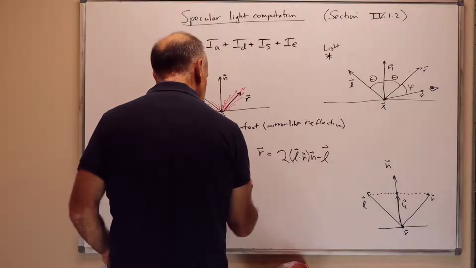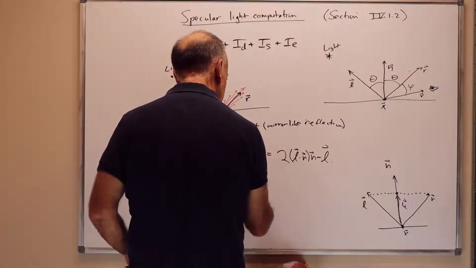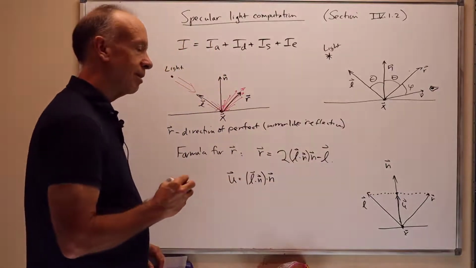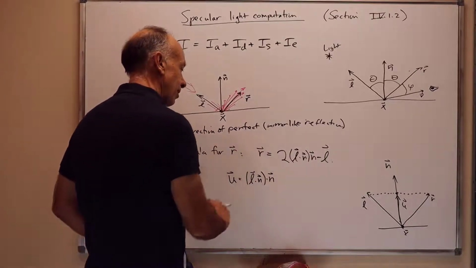So U is equal to L dot N times N. This works because N is a unit vector, and so we don't have to worry about dividing by the length of N here.